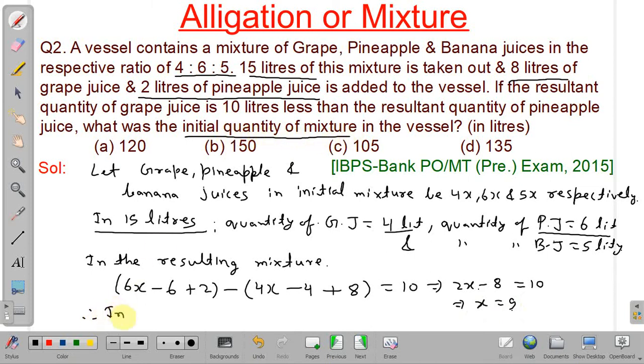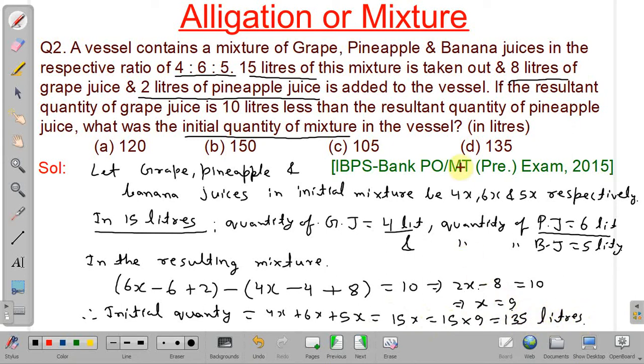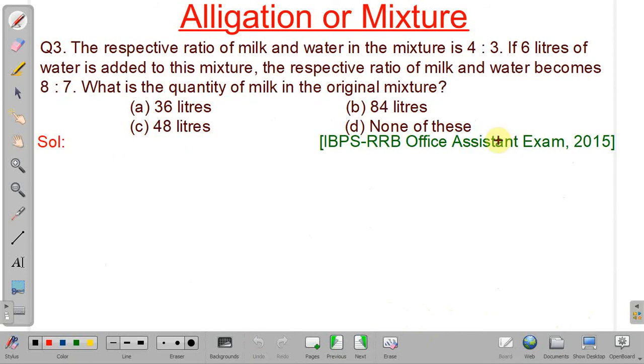Therefore initial quantity equal to 4x plus 6x plus 5x, so it will be equal to 15x. So 15 into 9, that is 135 liters. Okay, so our answer will be option number D. We will discuss the next problem.